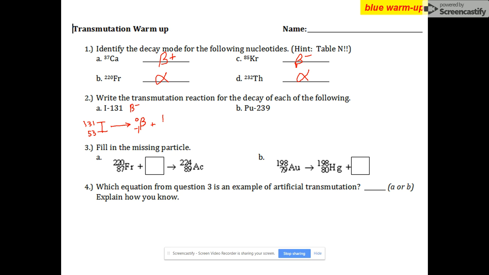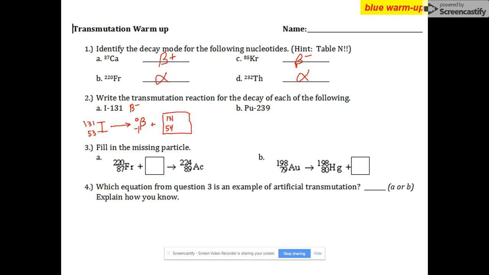Okay, so what will this be? We use the law of conservation of mass and conservation of charge. Whatever this is, it will have a mass of 131, because 0 plus 131 has to equal 131. And then it's going to have a charge. Well, on this side we have a charge of -1. This is going to have to be something with a charge of 54.